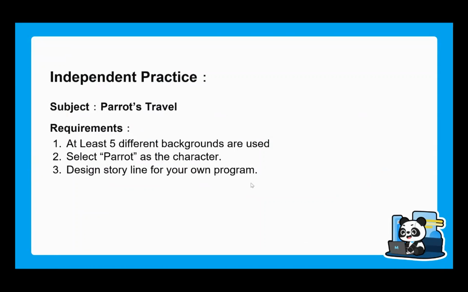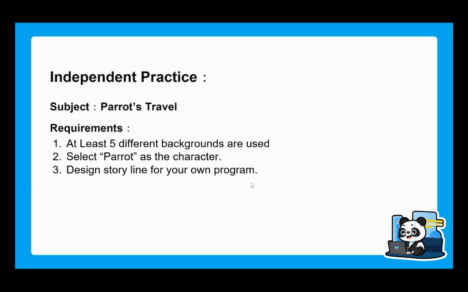We now want to introduce 5 different backgrounds to convey 5 different places that Parrot has flown or traveled to. So we also want to change the sprite that we're using from Panda to the Parrot character itself, and then some sort of story line for our program. And you could do that in different ways, but I'll explain that in a moment.